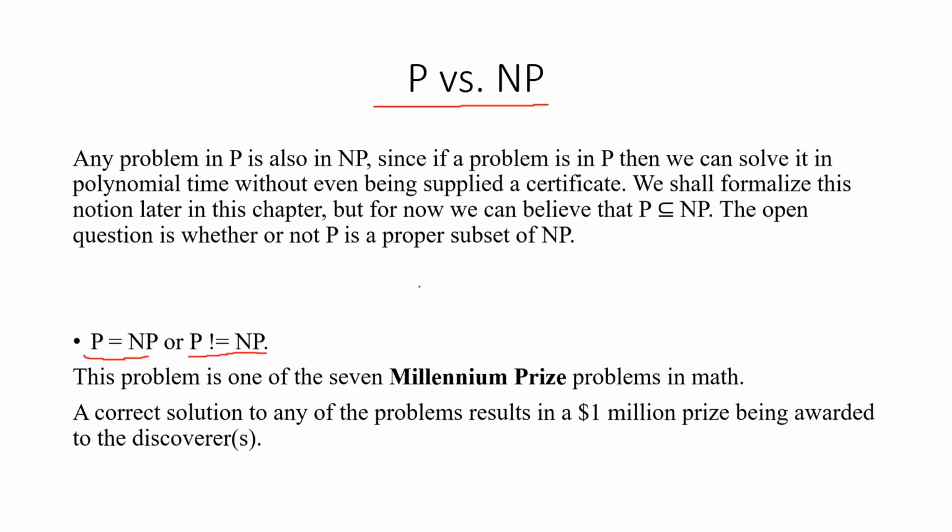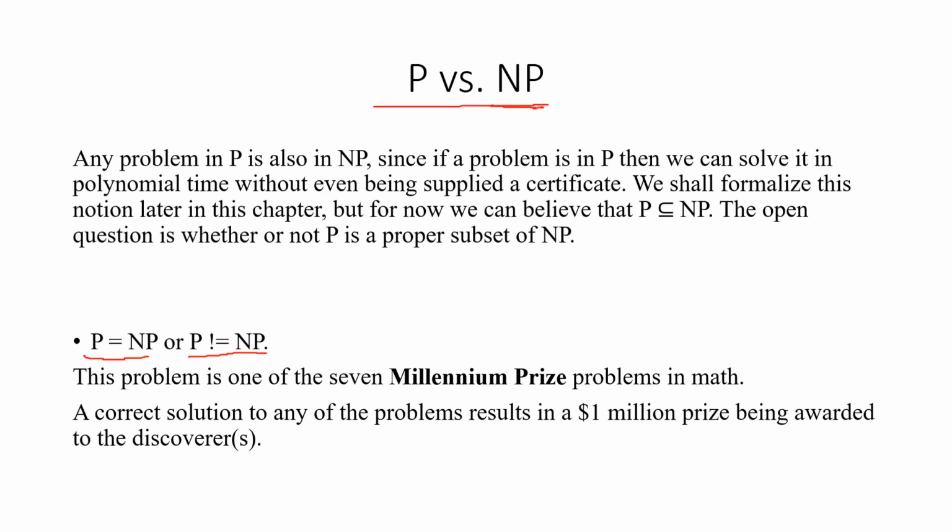And why is it like that? Because as I said before, if we can verify a solution or a certificate to some problem in polynomial time complexity, it doesn't mean that the solution is in polynomial time complexity, and there is no proof that if we can verify a solution in polynomial time complexity, we cannot solve that problem in polynomial time complexity.